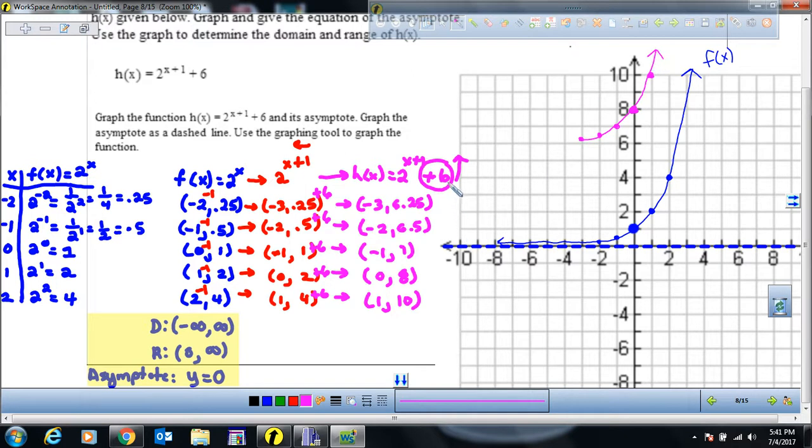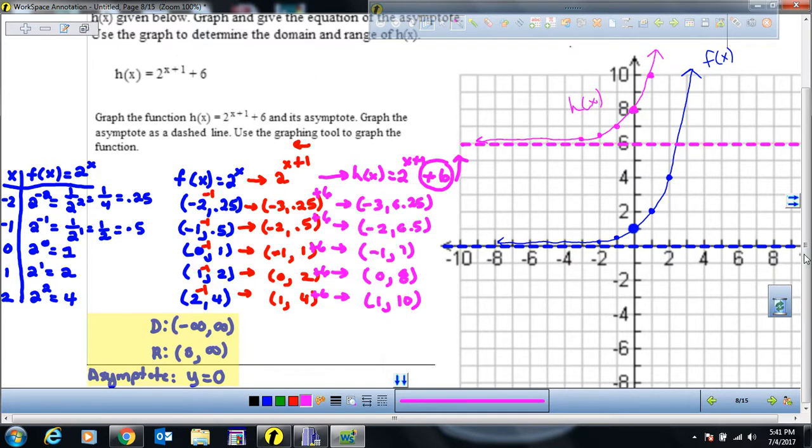And since you notice that we shifted the graph 6 units up, that means from previous lectures that this horizontal asymptote also is going to be shifted 3, 4, 5, 6 units up. This is where the new asymptote for that function is going to be. So my new horizontal asymptote for h of x is going to be the line y equals 6, meaning that this graph is going to keep approaching. It will keep getting closer and closer to 6, but it will never reach the number 6. That's my h of x.